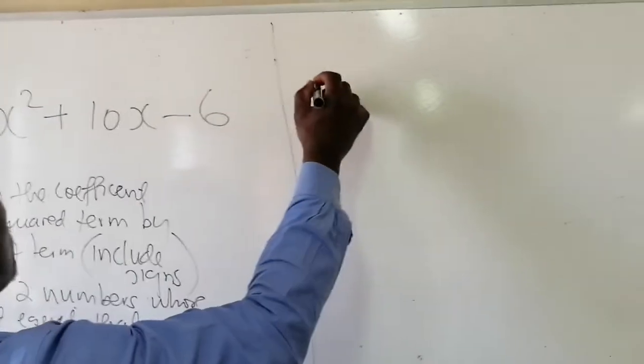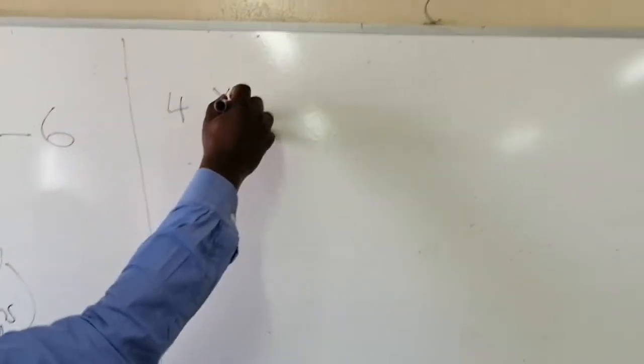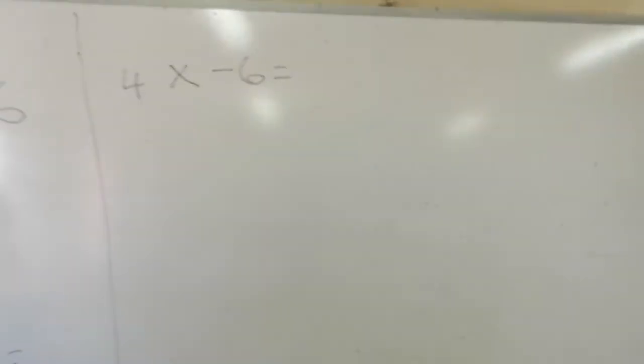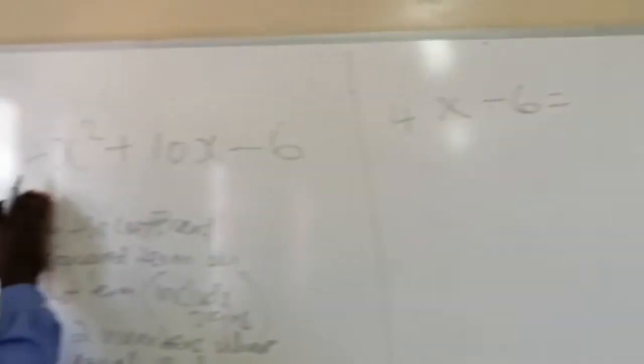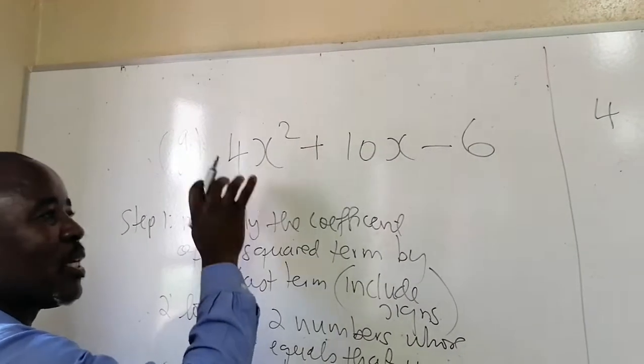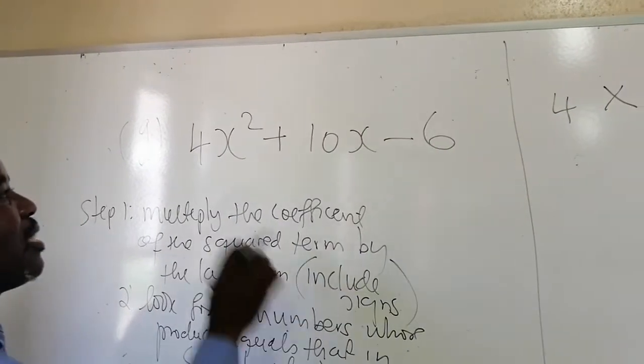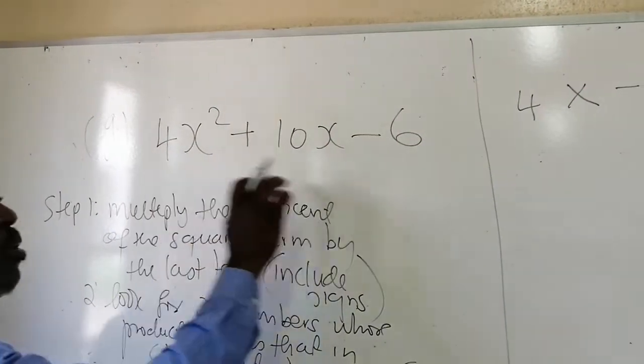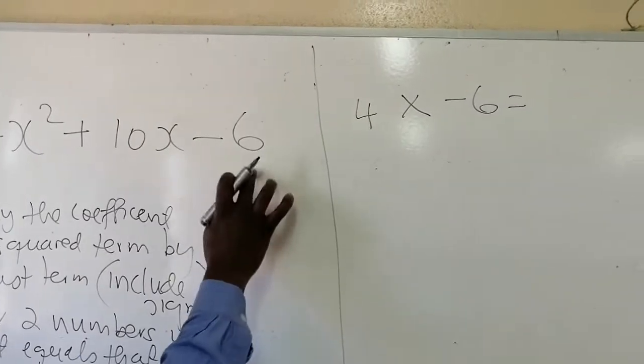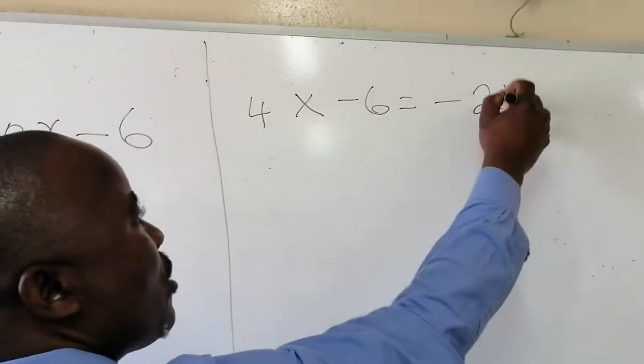So here we are going to say 4 times negative 6. Remember, you take the terms, the coefficients together with the signs. The coefficient of this one is plus 4, this one last term is minus 6, and this is minus 24.